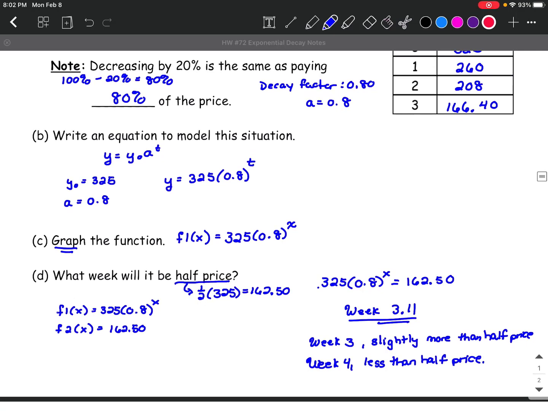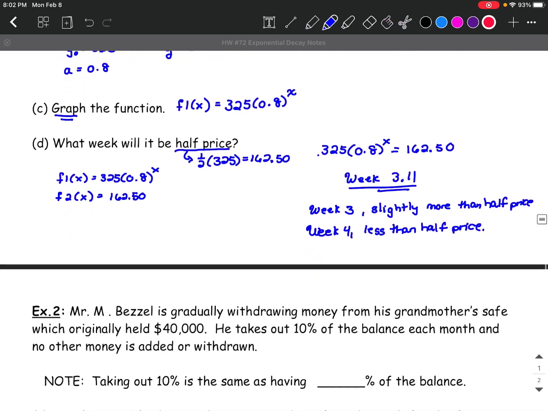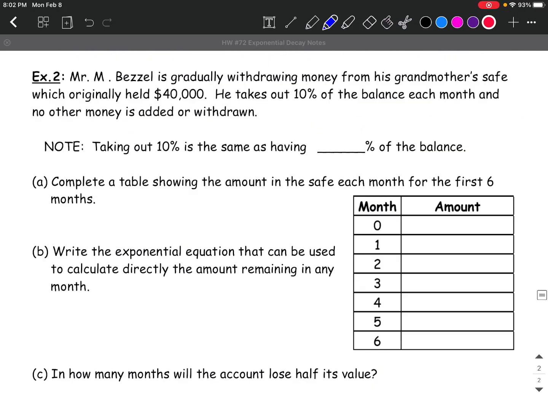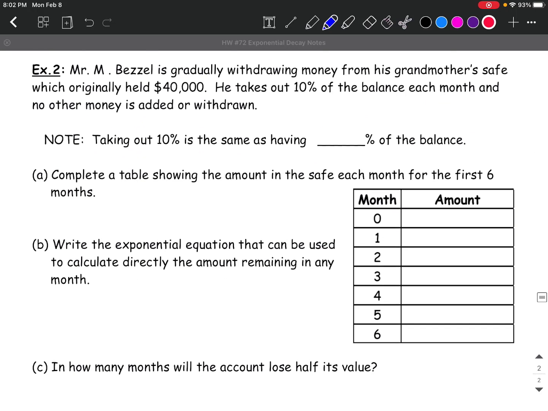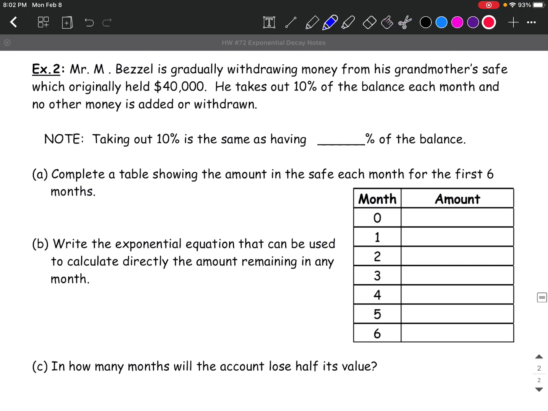Okay, let's take a look at another problem. So Mr. Embezzle is gradually withdrawing money from his grandmother's safe, which originally held $40,000. So at the beginning, the safe held $40,000. He takes out 10% of the balance each month, and no other money is added or withdrawn. Now remember, there was 100% of the money in the safe.